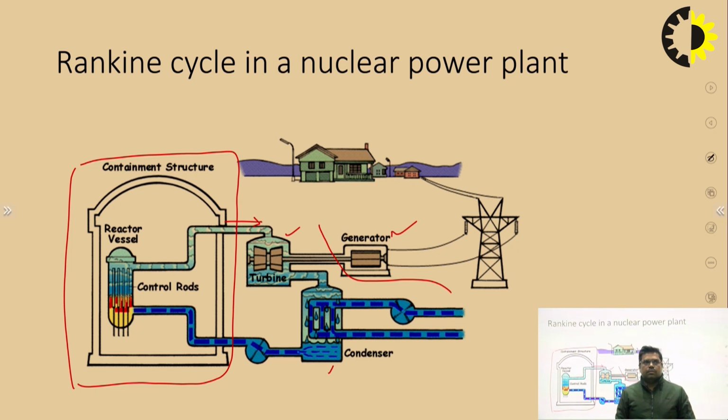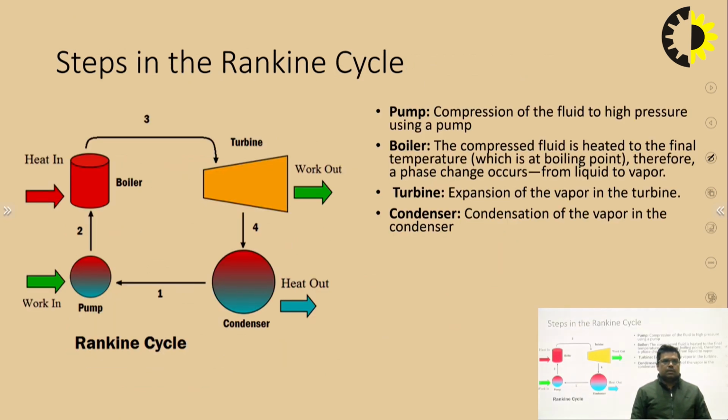In that way, this heat engine is used for any kind of useful work, for electricity or otherwise, and we reuse this heat, so the process works continuously. So this is basically the process of the Rankine cycle.